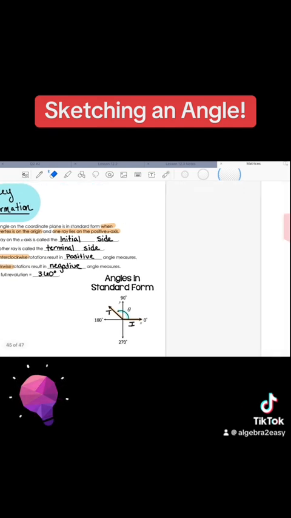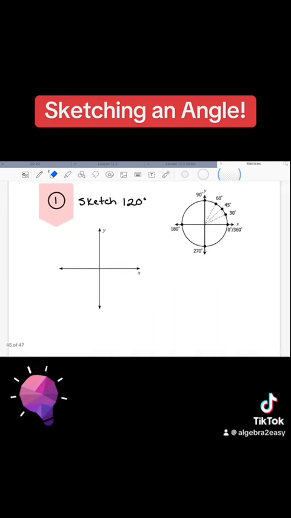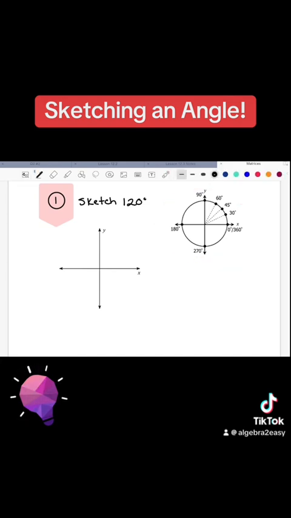Let's practice. Here's our first example. We're going to sketch 120 degrees. Now, before we get started, I have an example over here of the key angles. I'm going to label those on what is called your quadrantals. These axes are called quadrantals when it comes to the unit circle.